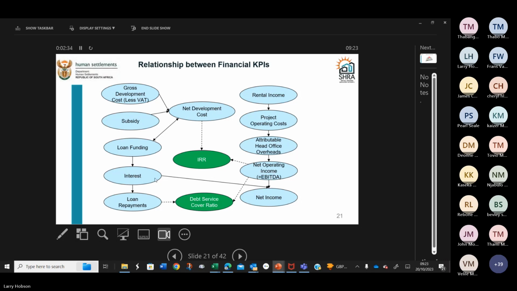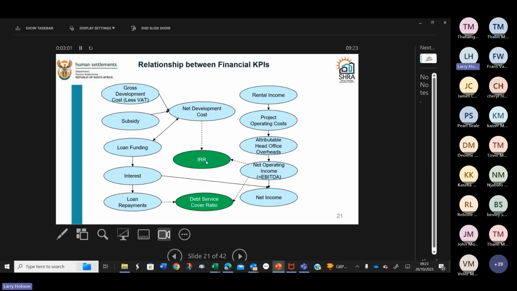If we deduct our interest, that gets us to our net income. But that important figure, the net operating income or the EBITDA, is what feeds our internal rate of return, which we then divide by our net development cost, and that gives us our internal rate of return.